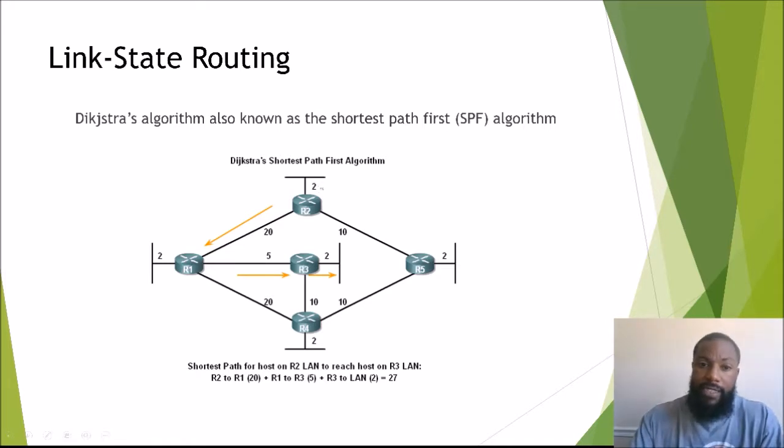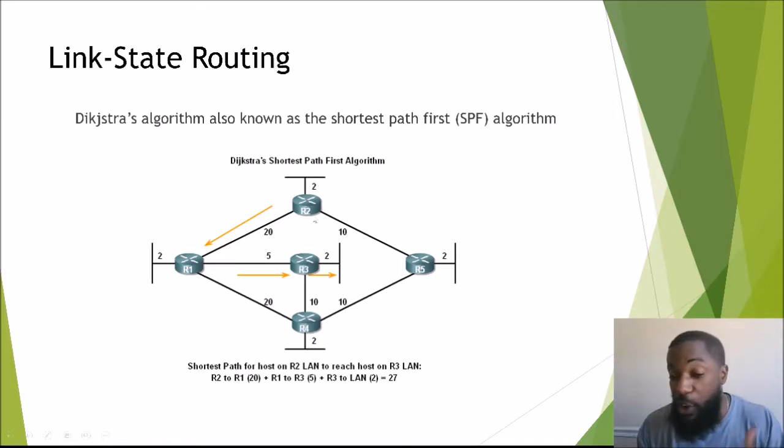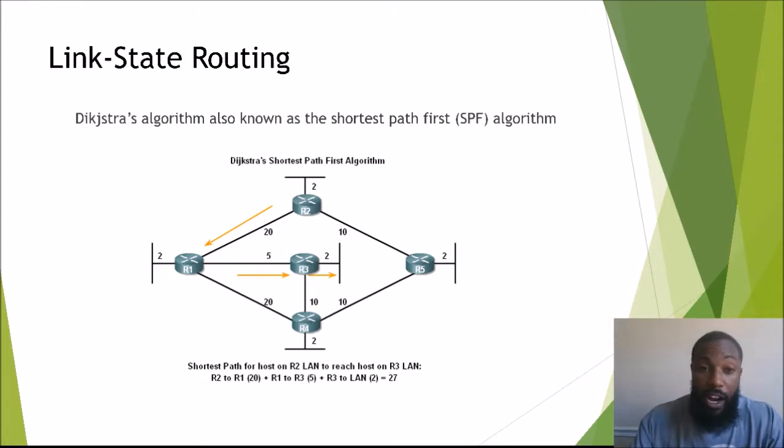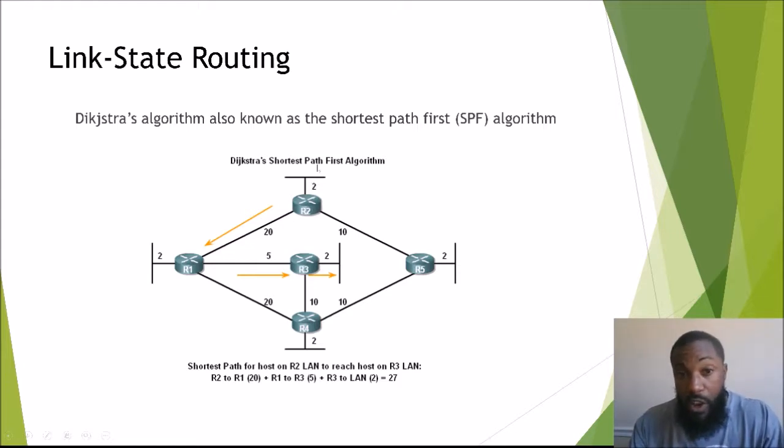So if we look at this path right here, instead of using the United States as in the last video, we're going to use a topology with routers for this example. We are going to be looking at this topology from the vantage point of router 2, to figure out how to reach the local area network beside router 3.